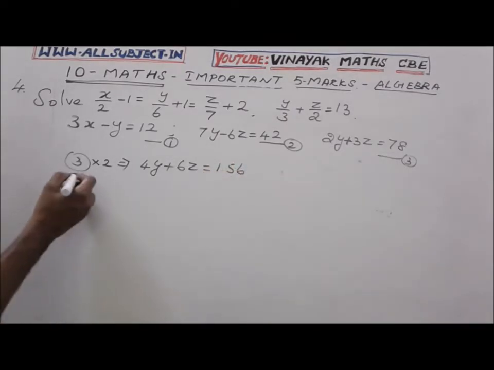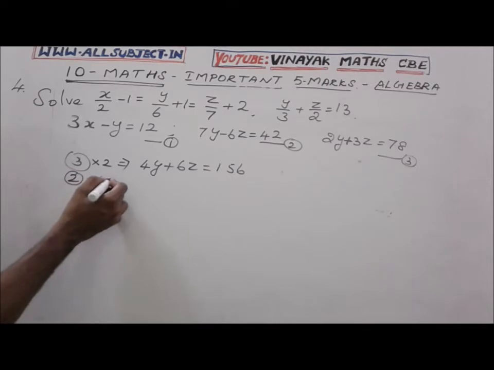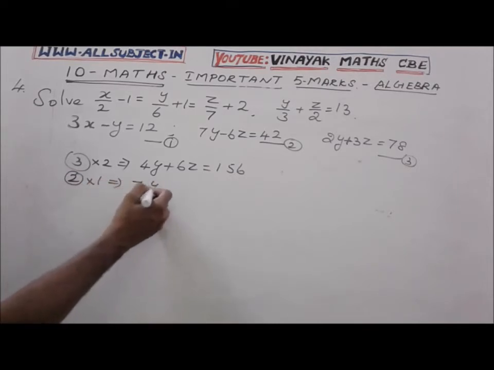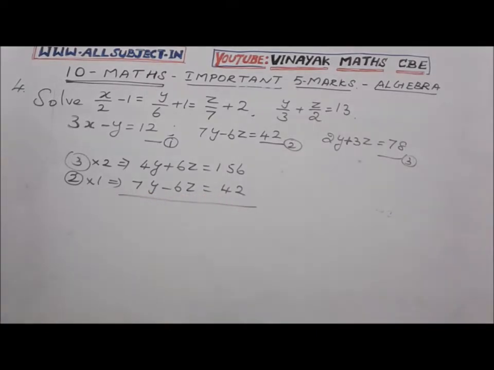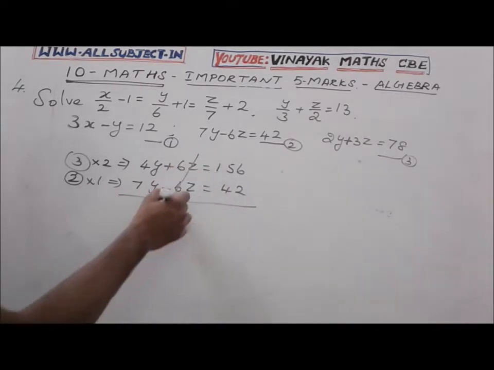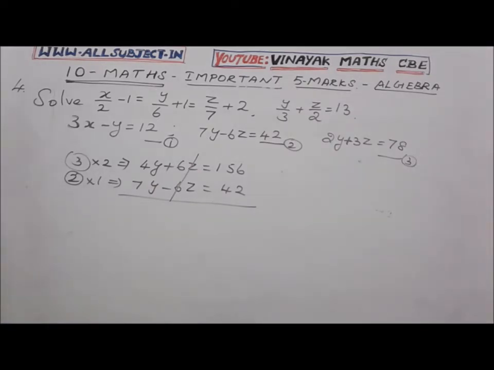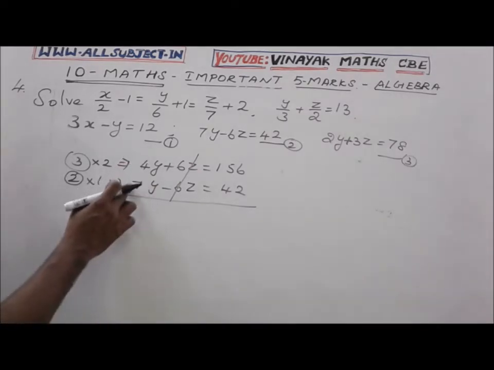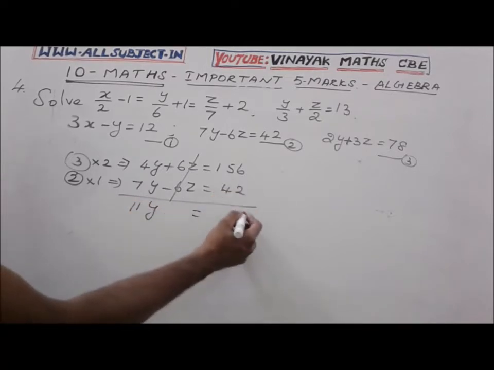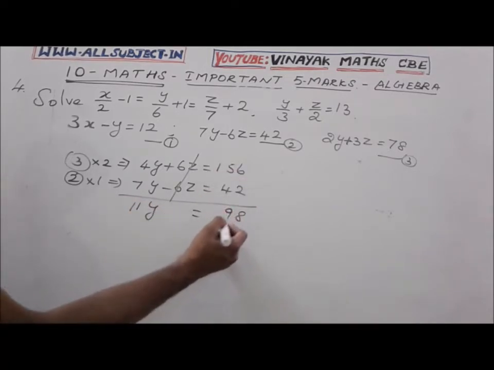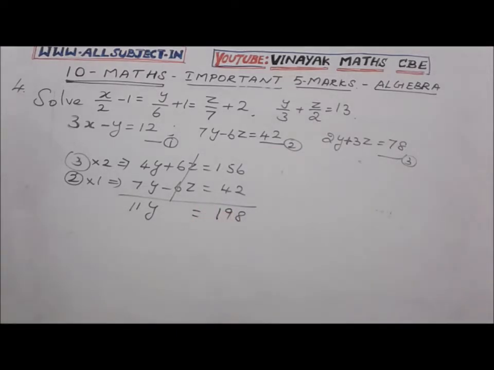And then the second equation by 1, no change in it, 7y minus 6z equal to 42. Adding, 6z gets cancelled, remaining 7 plus 4, 11y equal to 198.